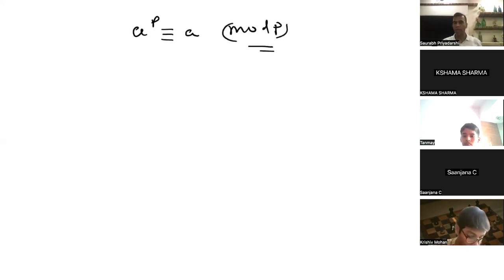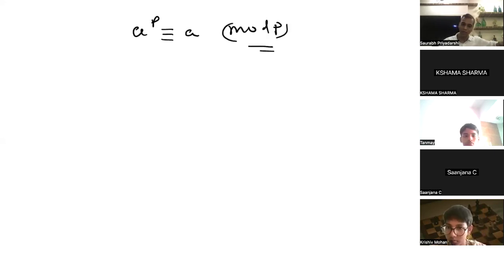Aryan explained very well, sir, that a to the power p is congruent to a mod p, for any integer. One of the best proofs of this is induction. And I hope you all know a little bit of binomial.